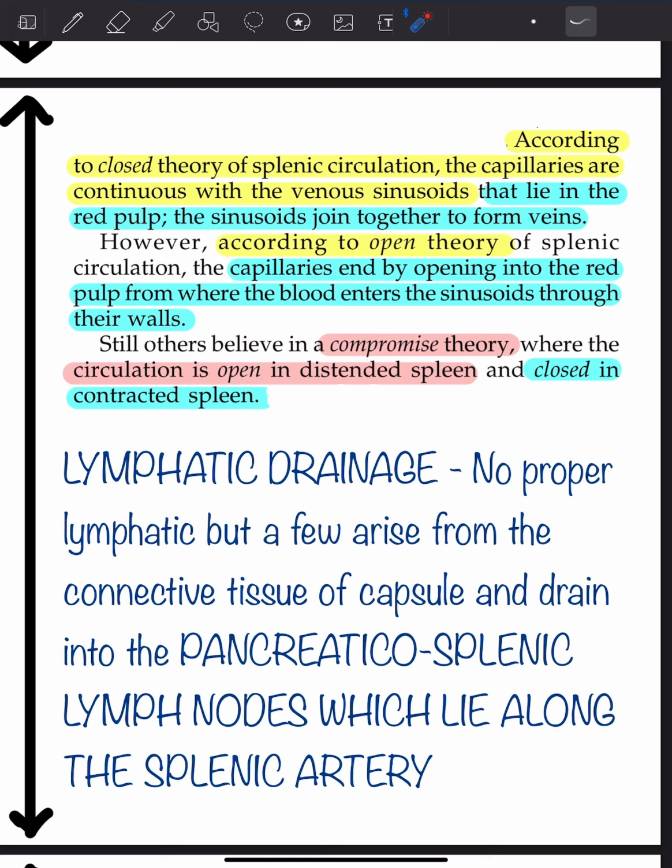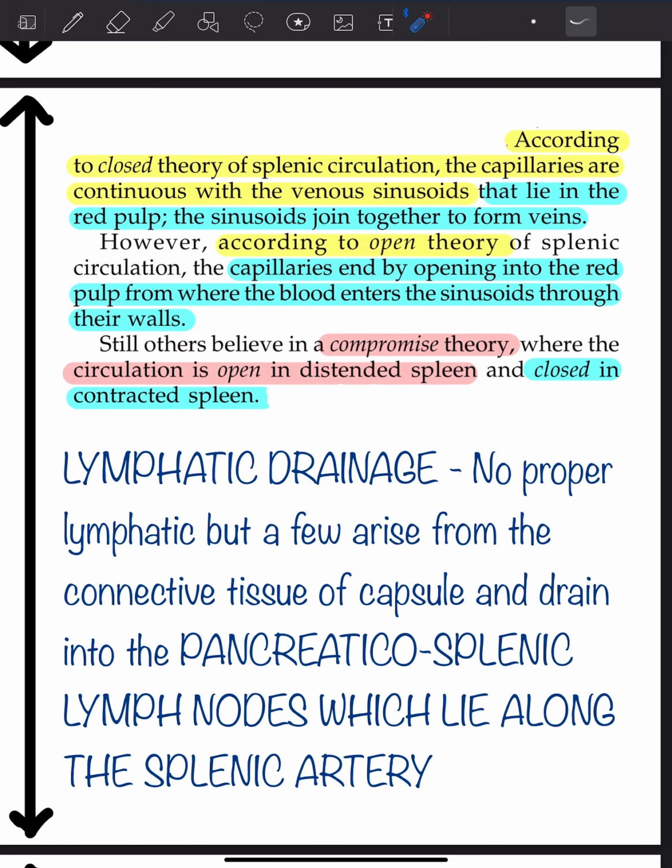As the name suggests, in the closed theory they will be in close proximity with each other, and when two things are in close proximity, they tend to join. But in the open theory of splenic circulation, the capillaries end by opening into the red pulp.